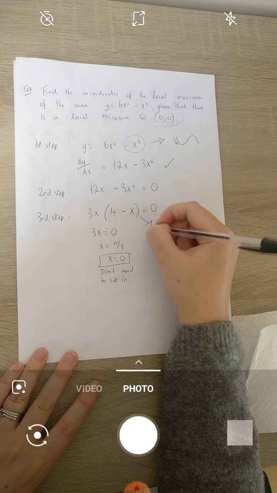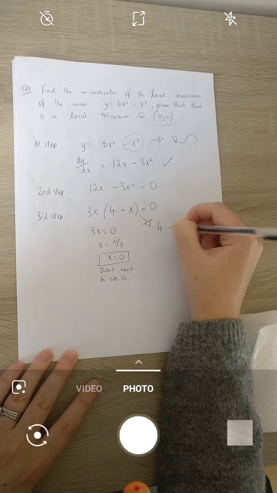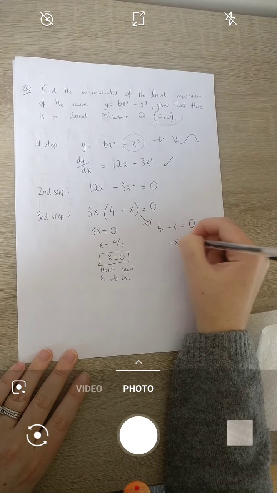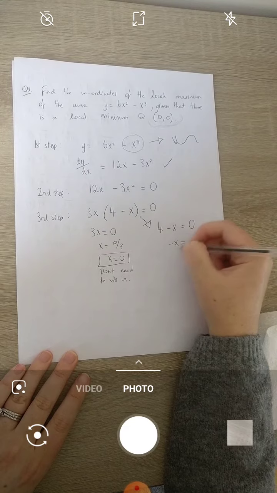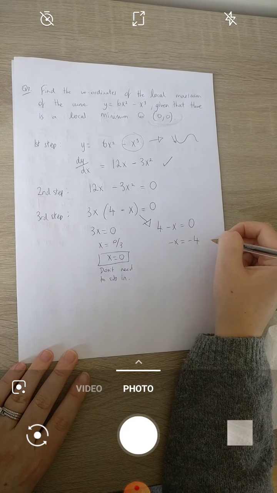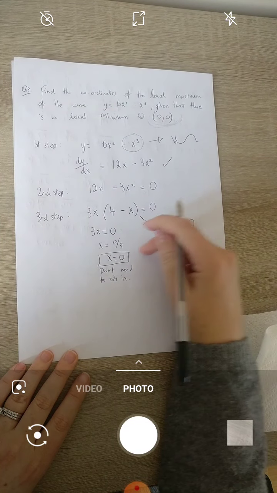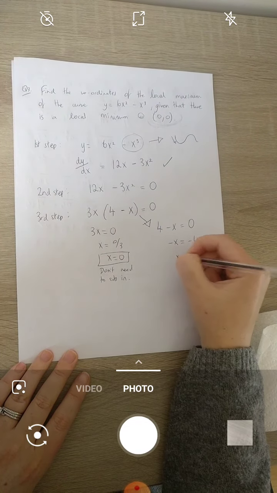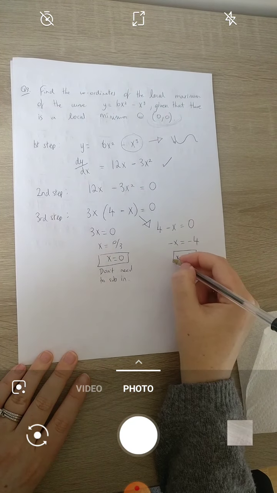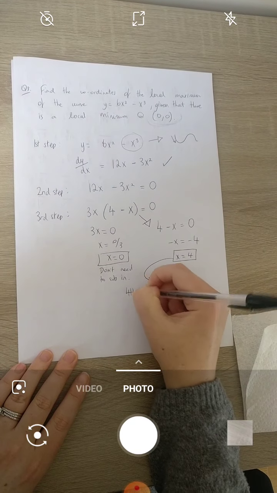So this is the point we're going to be working with. I'm going to let this bracket equal 0. 4 minus x equals 0. Minus x equals minus 4. The variable can't be negative here, so we divide or multiply across by minus 1, which basically means all of the signs will change. So x equals 4. We sub this back into the original, our fourth step.